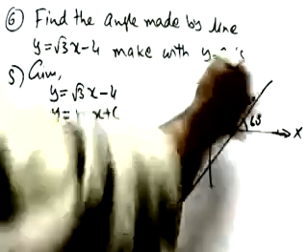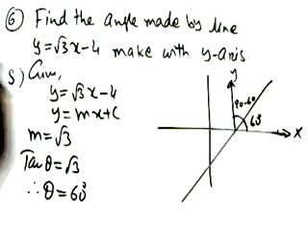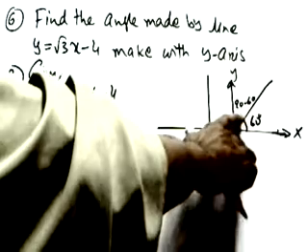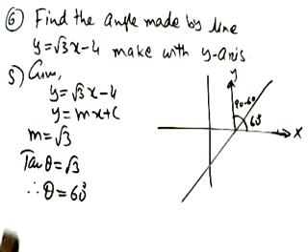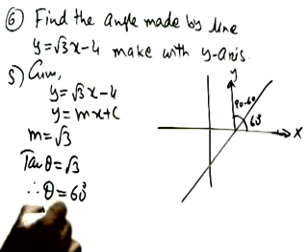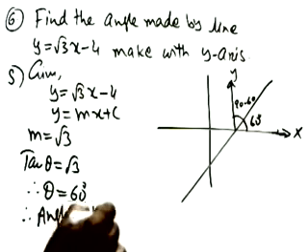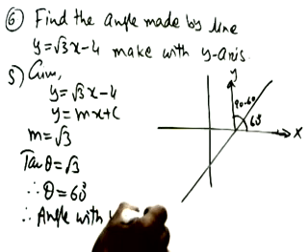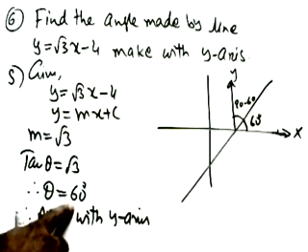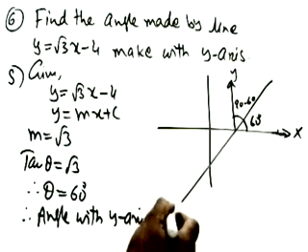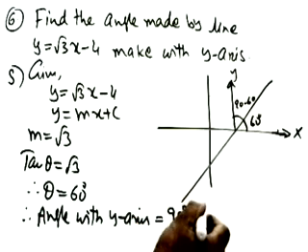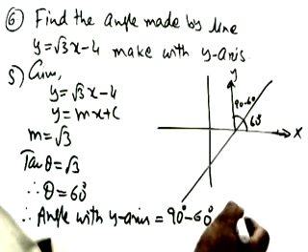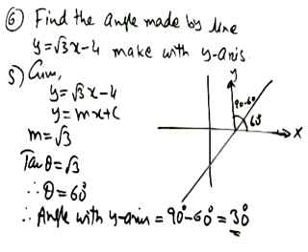Watch carefully, this will be the angle with the x-axis. So the angle with the y-axis means we subtract 60 from 90 degrees, that is, 30 degrees.